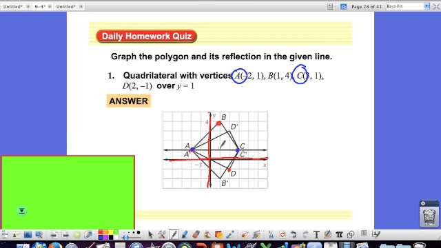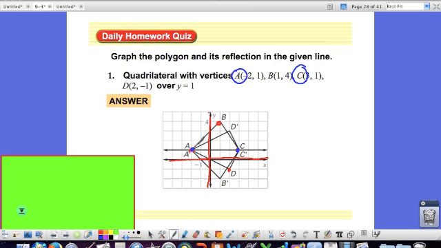B, the x value stays the same because we're reflecting over y equals 1. Instead of being 3 above the line, because this is the line you're reflecting over, you're now 3 below the line.